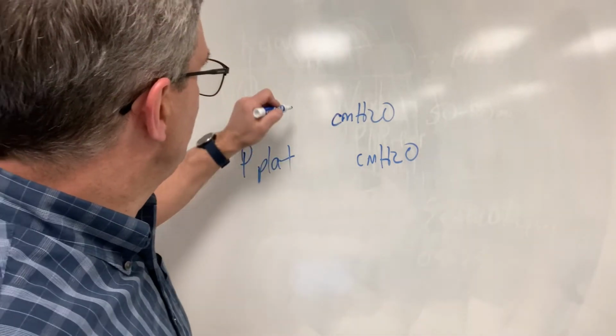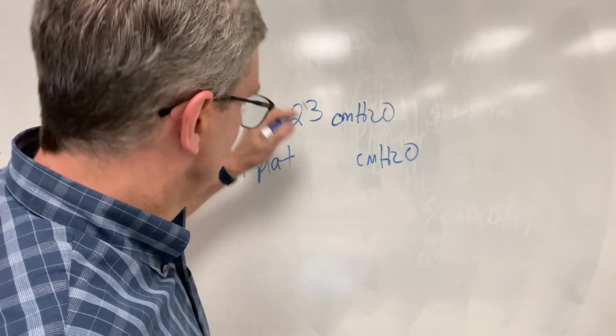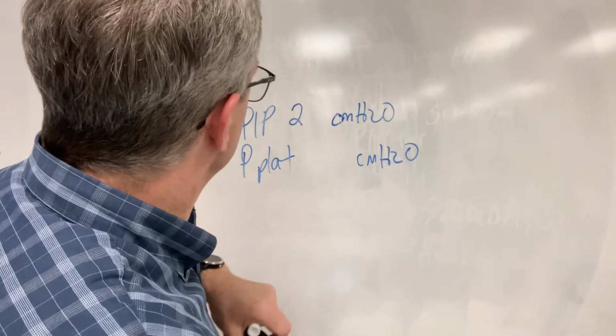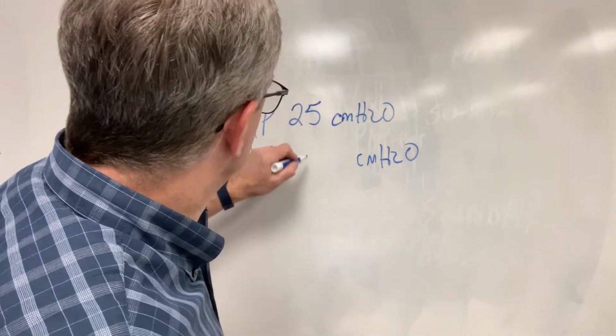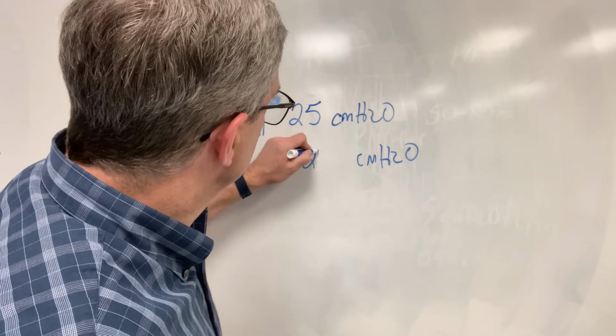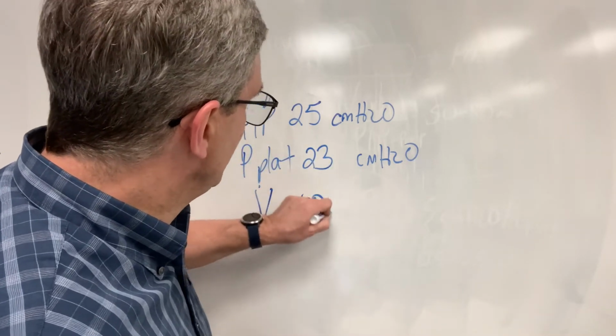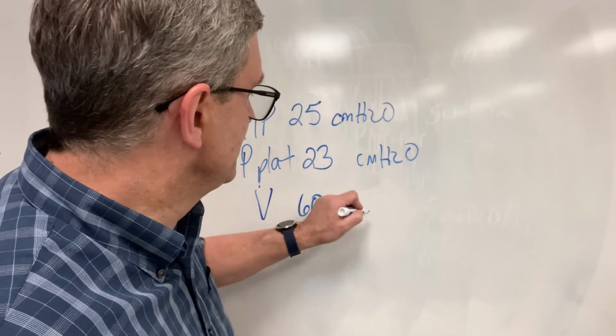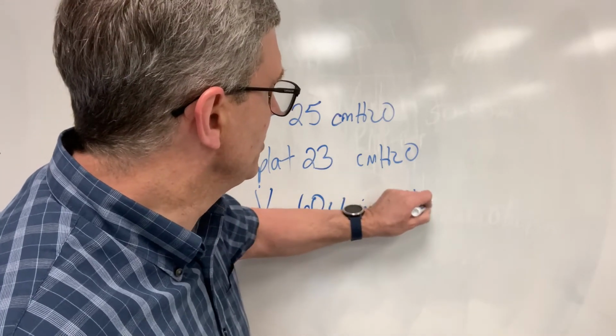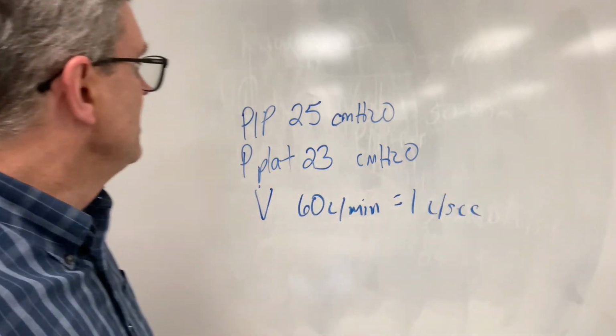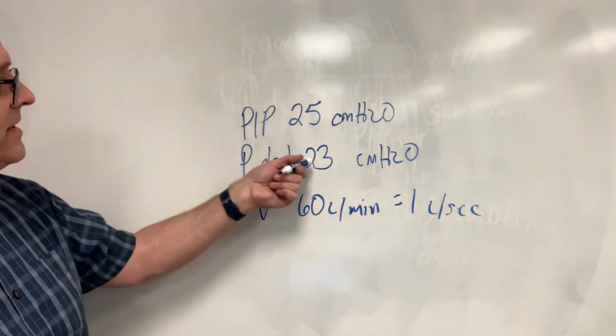Okay, let's say the PIP is 25, and the P plat is 23. And the flow is 60 liters a minute, which is going to be 1 liter per second. So my difference is 2.